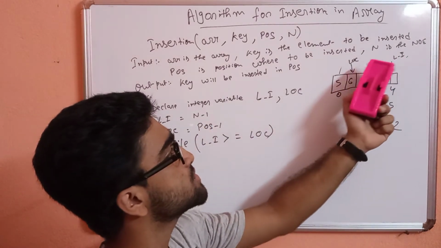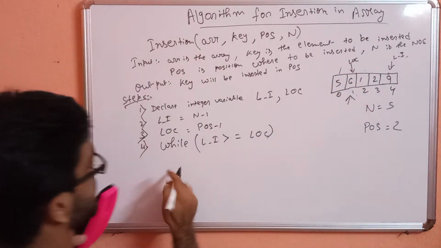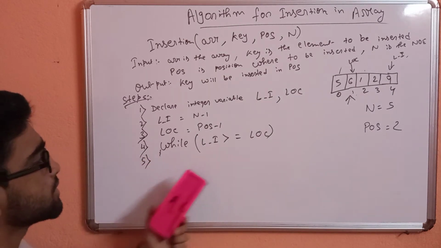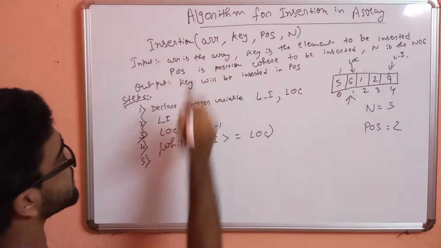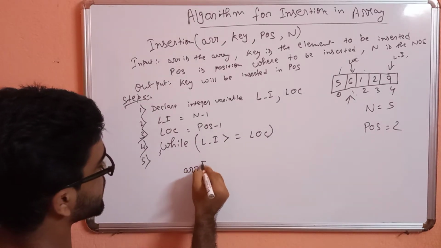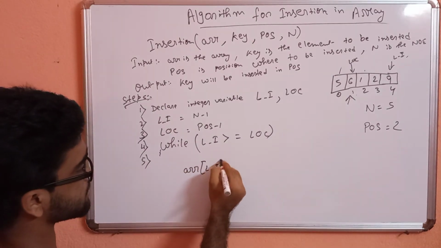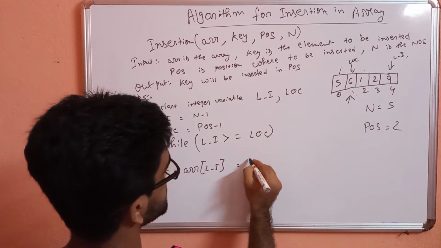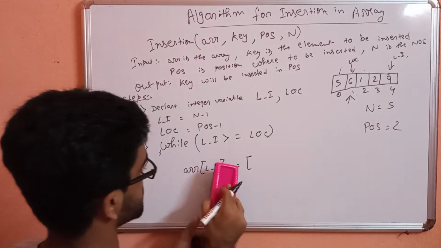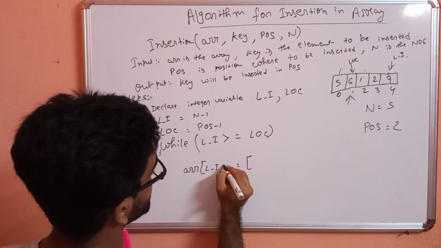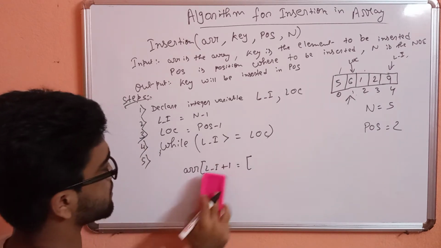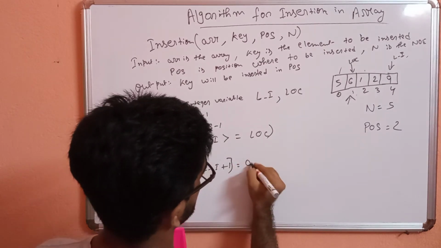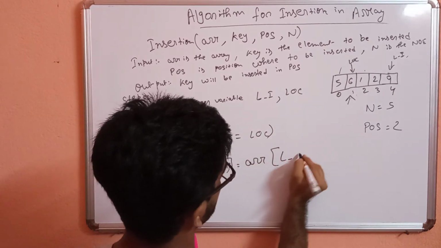Till li is greater than or equal to LOC, this loop will run. Now what to do here? ARR is the array. ARR of li plus 1 is equal to ARR of li.